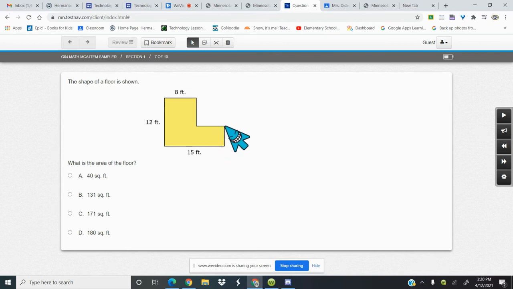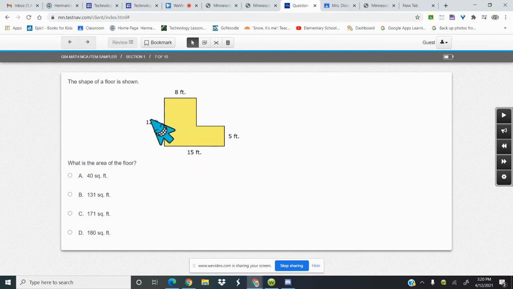I went 5 up and 15 across. Now I have to find the area of this part of the shape. If I go 8 times 12, which makes sense, I would find out this whole area all the way down to here. And that's not going to work for an answer, because I already found this area here. So I just need this square up here.